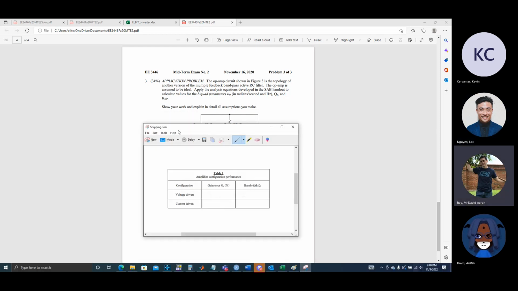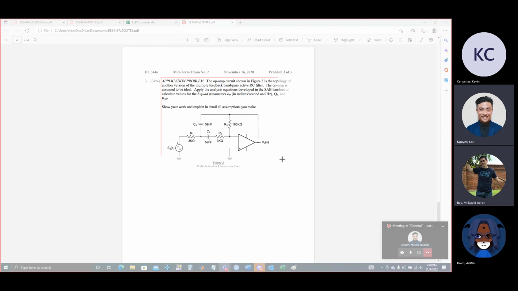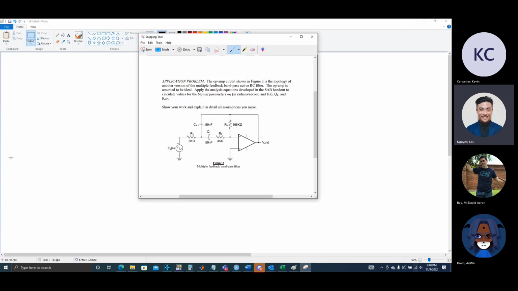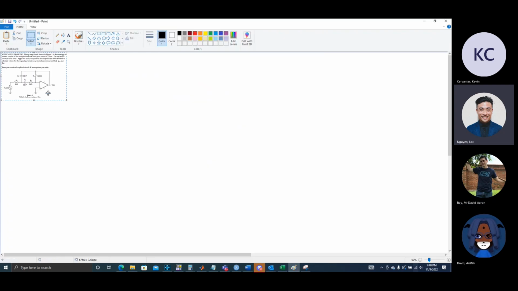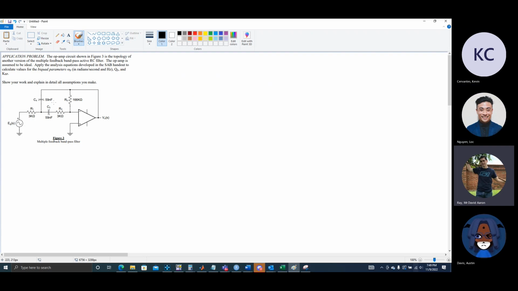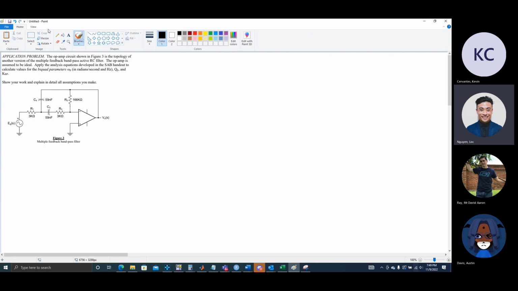So let me snip this. Copy that. So from the handout, in this case, from the notes, you're going to have an equation given for what the gain for this specific filter is going to look like.